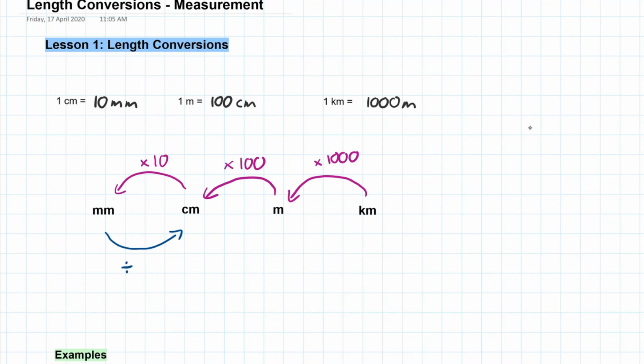Instead of multiplying, you are dividing. That pattern is going to continue the whole way through. If you want to go from a bigger number to a smaller number, you need to divide. So this one will be divided by 100, and our last one is divided by 1,000.